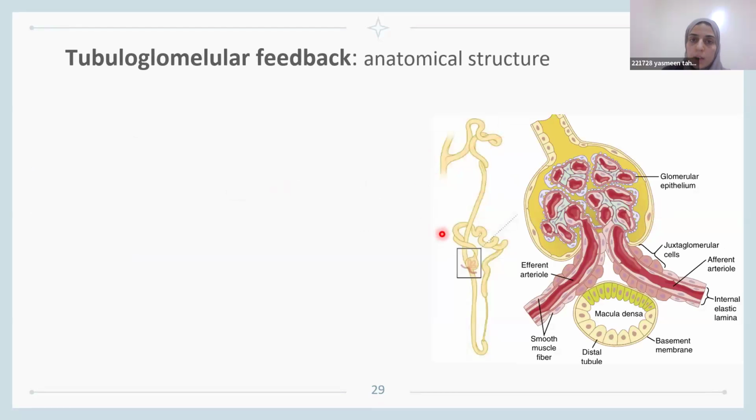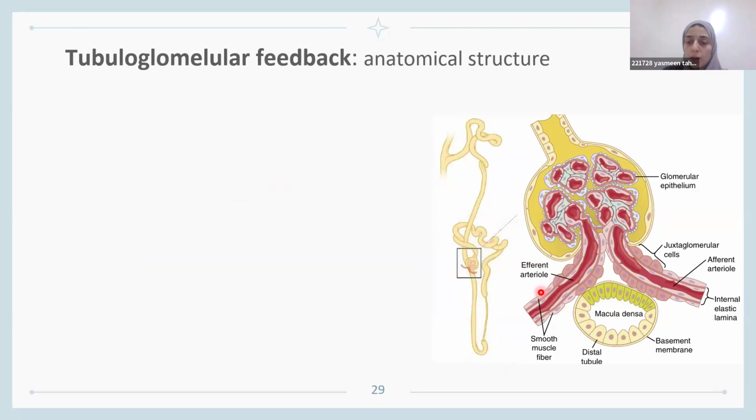First, let's look again at the structure of a nephron. This is a corpuscle, and these are the tubules. So if you can see here, the tubules are not a straight structure coming out of the corpuscle in a straight line. No, it's actually convoluted and it's coming down and up.